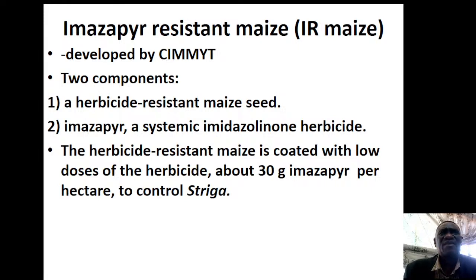So you put the herbicide on the seed like a powder. You coat the seed with the required dosage, like for example 30 grams of imazapyr per hectare, in order to control the Striga. What I can say is that in Zimbabwe we have not yet developed this technology. But in Tanzania and Kenya, West Africa, they now have this technology.